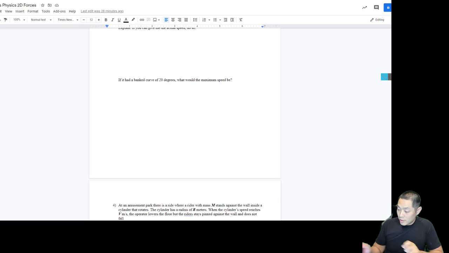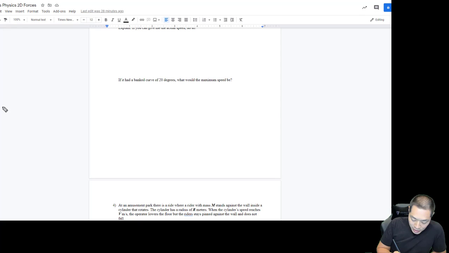Here's the equation, and I'm going to write it down because I forget it all the time: v equals the square root of rg times (sine theta plus mu cosine theta) divided by (cosine theta minus mu sine theta).